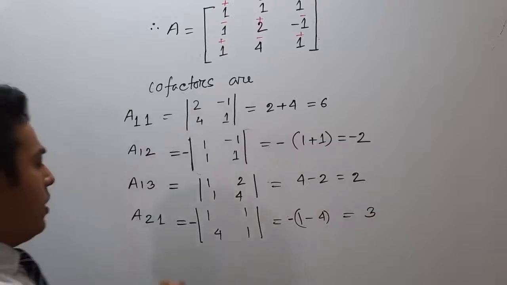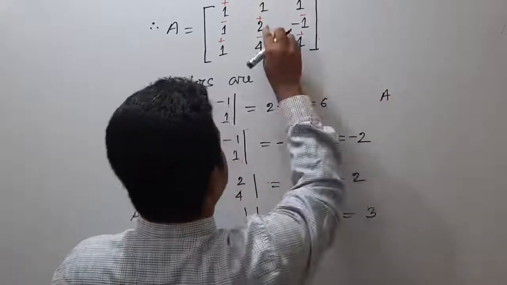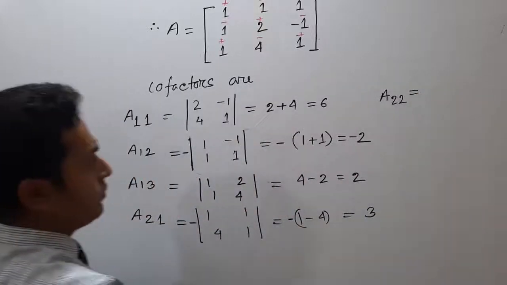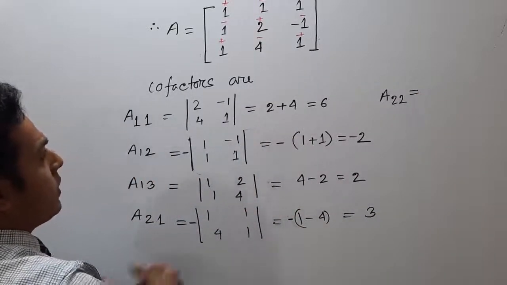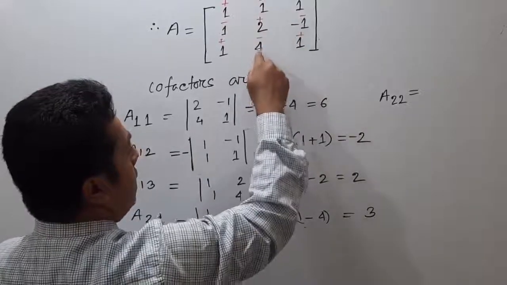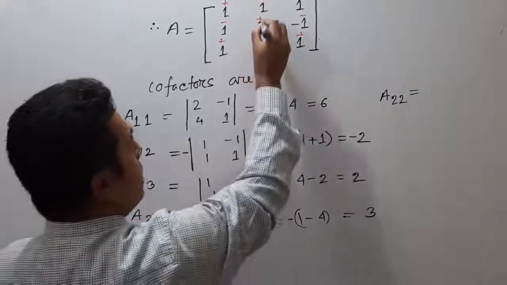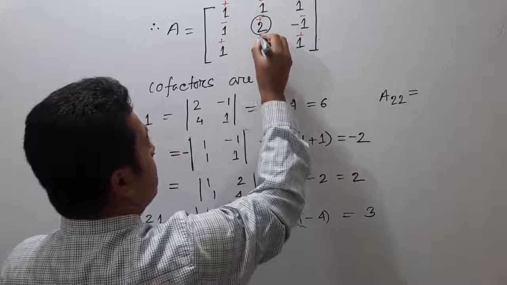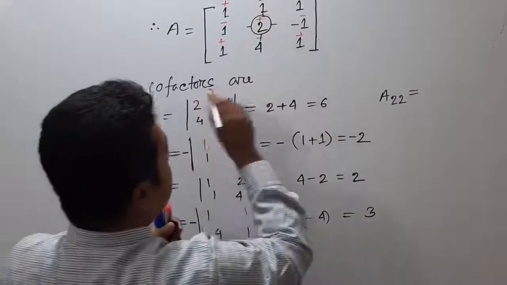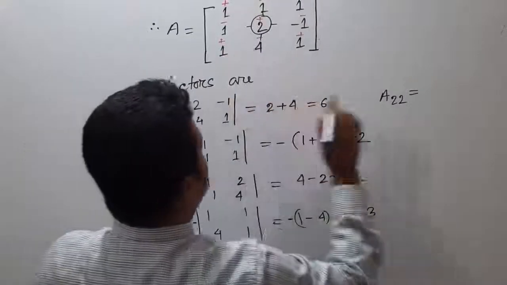Now A22, this element is 2 2. For this element, ignore the row and column, then our elements are 1 1, 1 1.